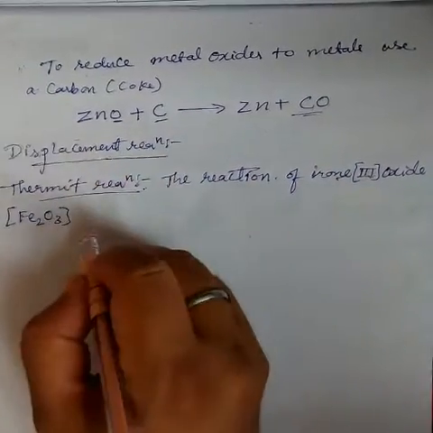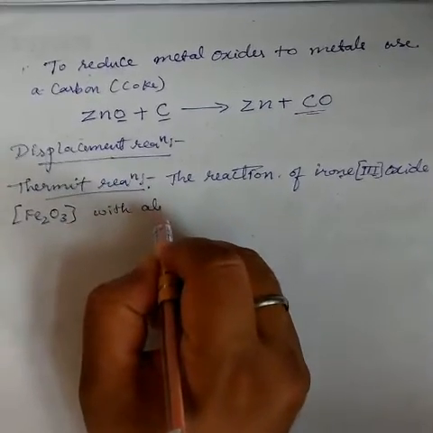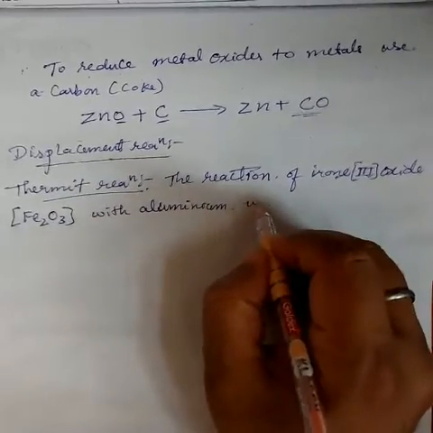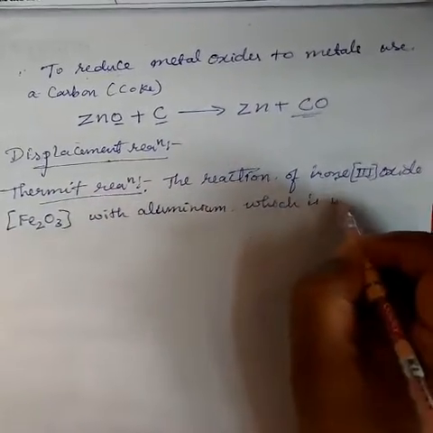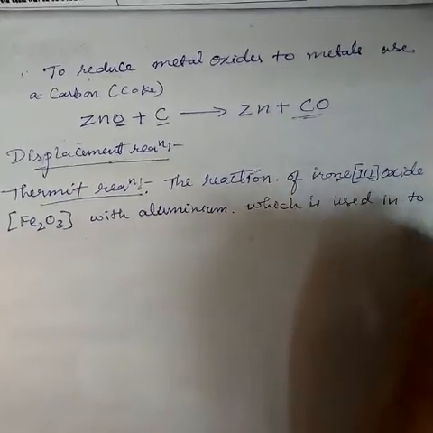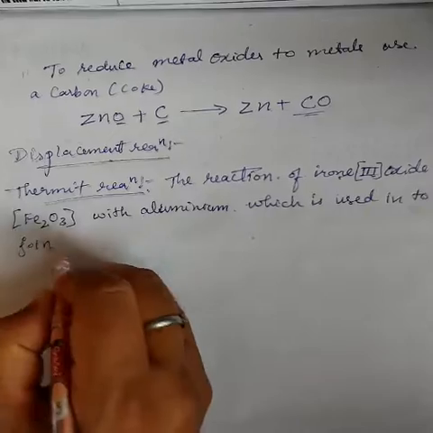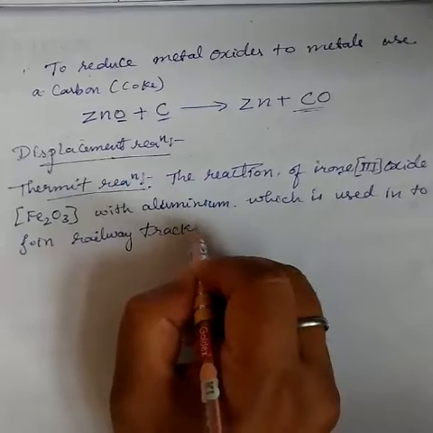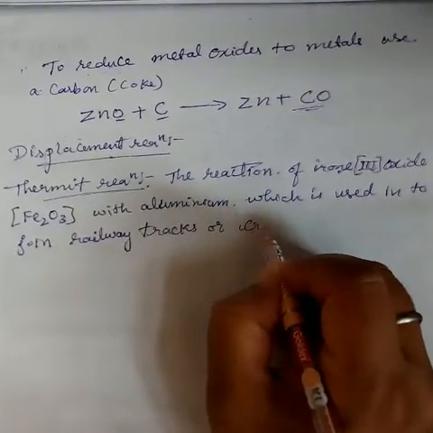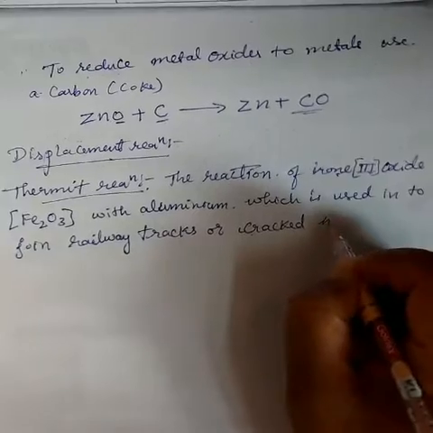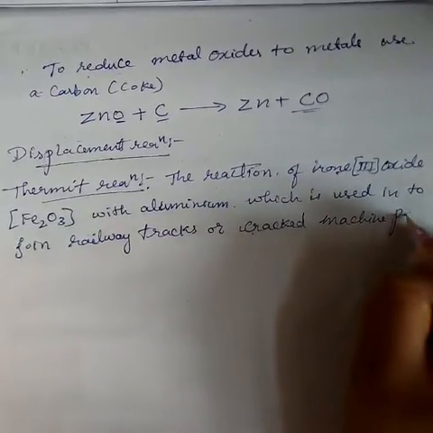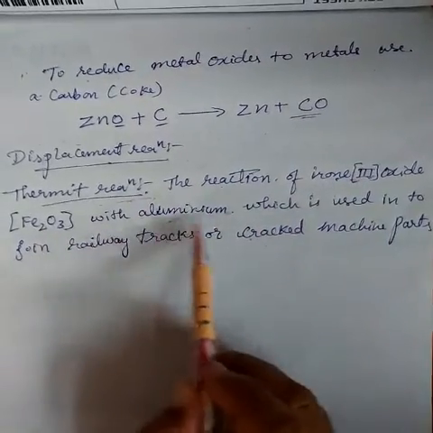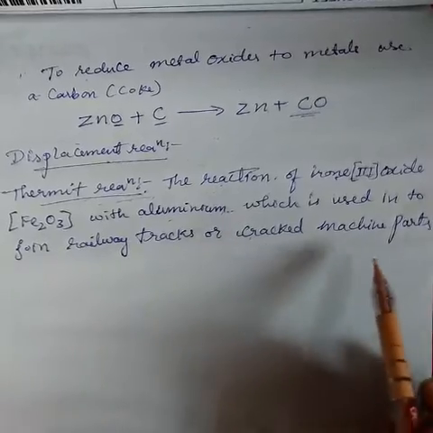The reaction with aluminium is used to join railway tracks or cracked machinery parts.